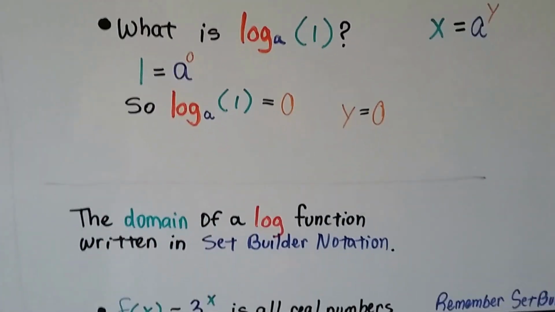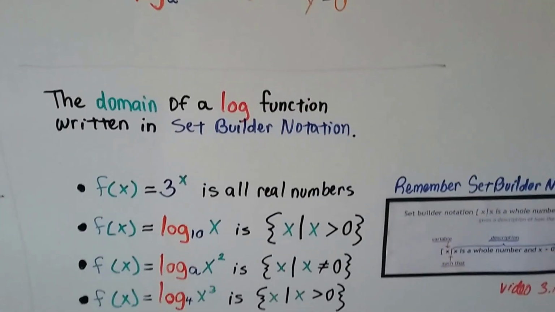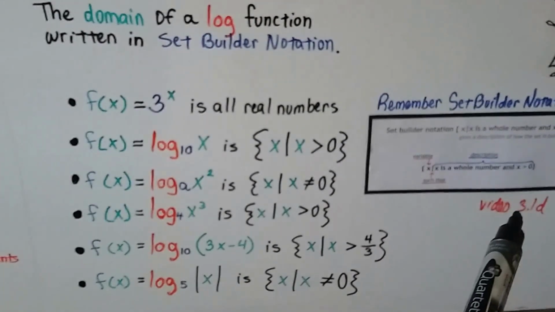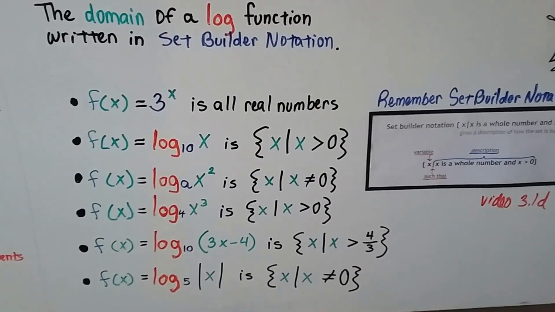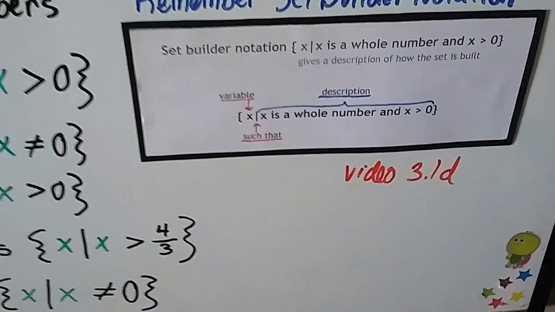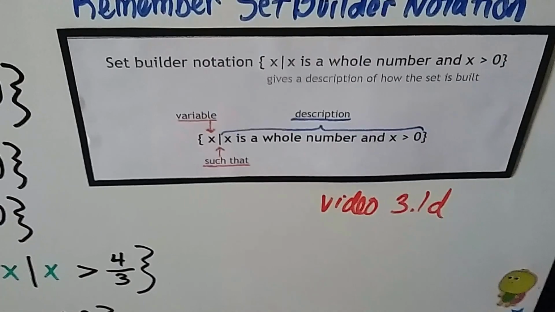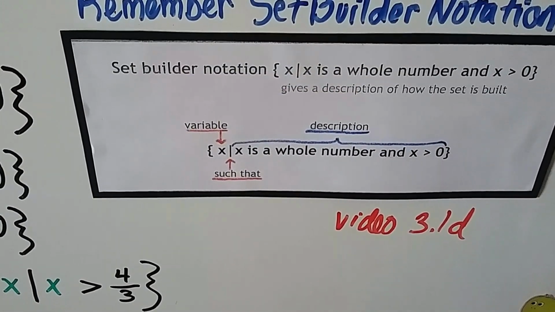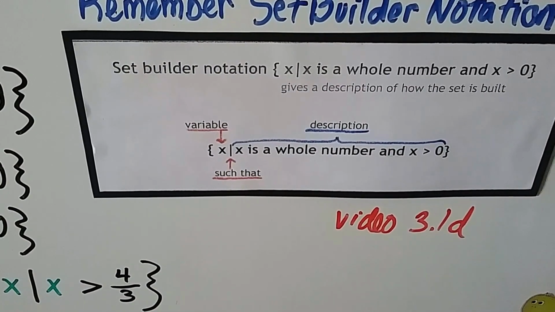So the domain of a log function written in set builder notation, there's going to be a link to the set builder notation that we talked about in chapter 3.1d. All right? And if you remember set builder notation, it's written like this with the braces, x, and then that straight line that stands for such that.